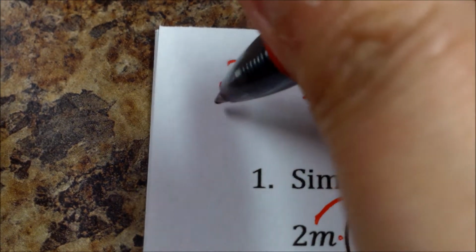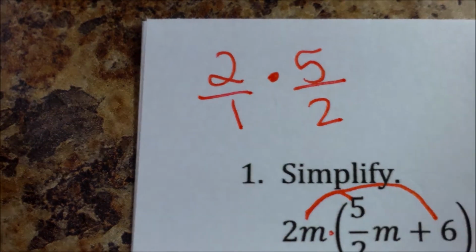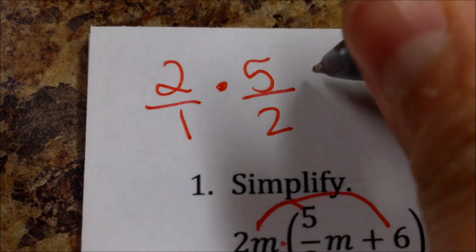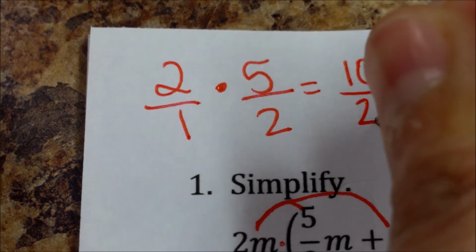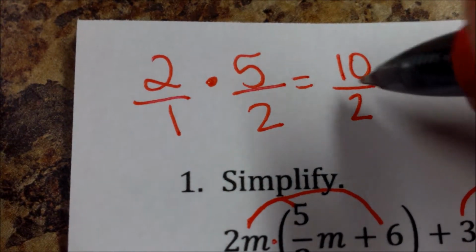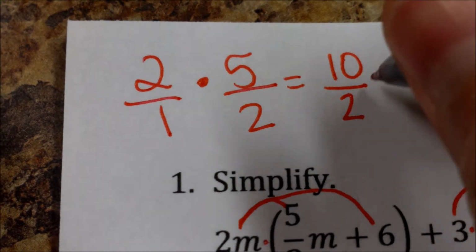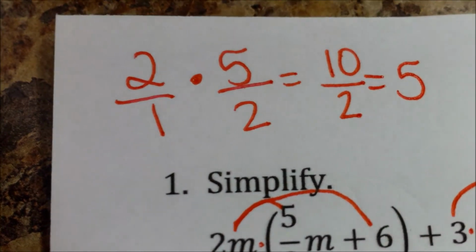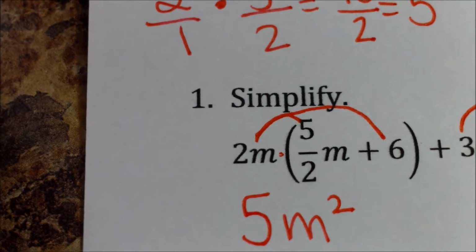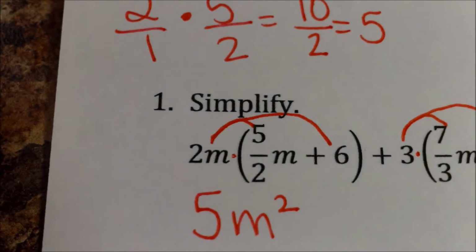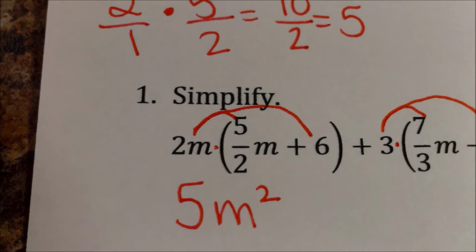We put this over 1 and we multiply across. So 2 times 5 is 10. 1 times 2 is 2. And it's 10 over 2. But 10 divided by 2 ends up being 5. So that one should be 5m squared.